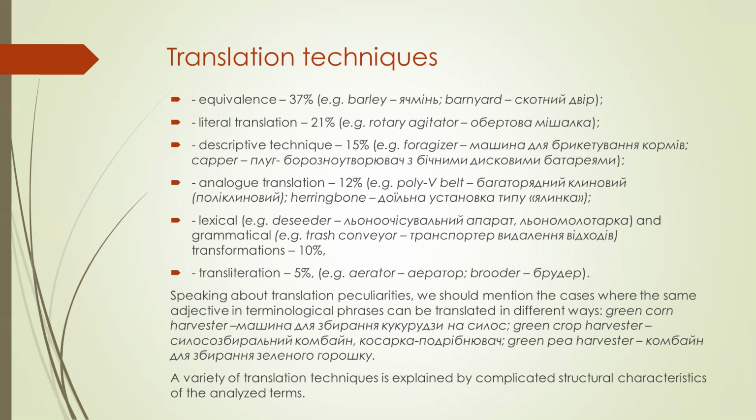Speaking about translation peculiarities, we should mention the cases where the same adjective and terminological phrases can be translated in different ways. For example, the word "green" can be translated differently in those examples. A variety of translation techniques is explained by complicated structural characteristics of the analyzed terms.